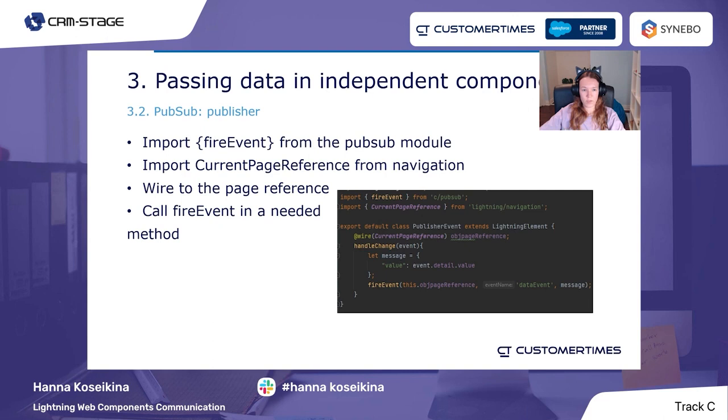And when some changes happen, we create a message, which is the same as the payload I had for Lightning Message Service, and call fireEvent, where we pass as parameters the page reference, the event name, and the message. So here the event name is used as a channel so that we know what event is passed.